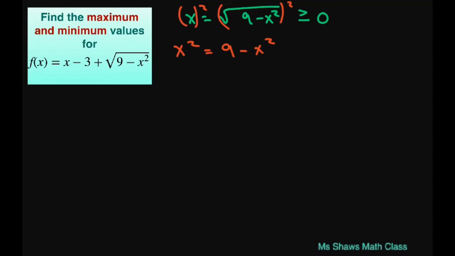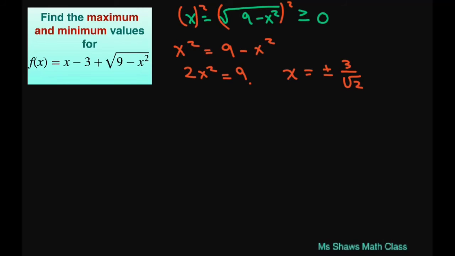That's going to give you 2x squared equals 9. Solving for x, you can have x equals plus or minus 3 divided by square root of 2. I just divided by 2 and took the square root.